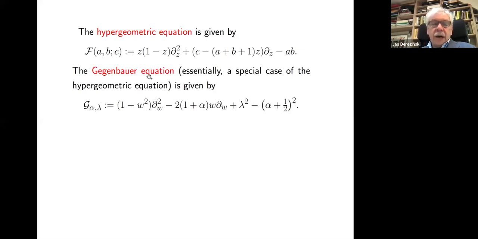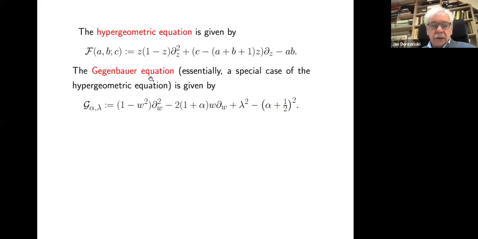We also have the Gegenbauer equation, which depends on two parameters, alpha and lambda. Now, the Gegenbauer equation is essentially a special case of the hypergeometric equation. In the hypergeometric equation, the singular points are at 0 and 1, which you see because of this prefactor z times 1 minus z in front of the second derivative.